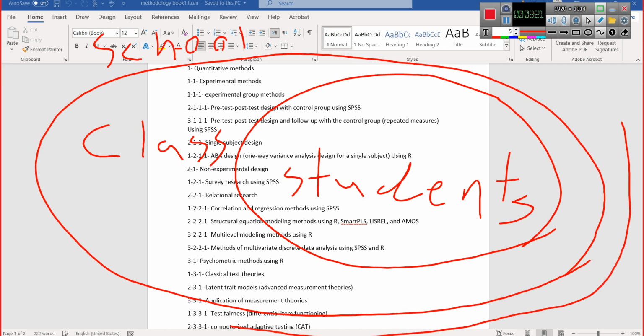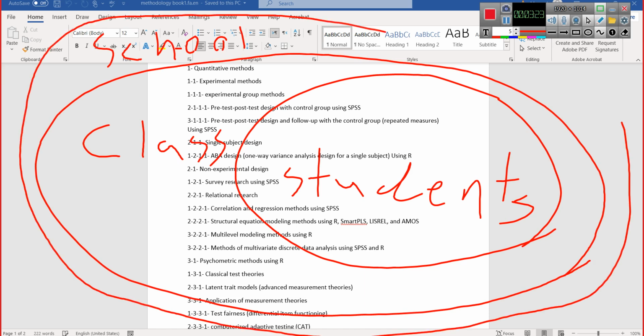So here, in a typical and more often multi-level modeling, we have a three-level model like this.